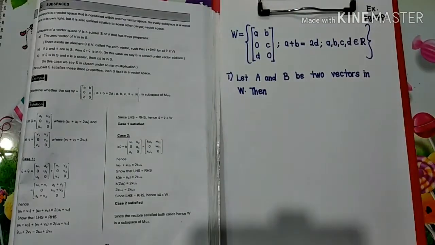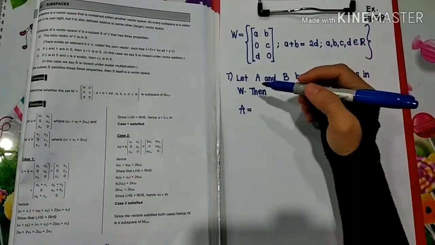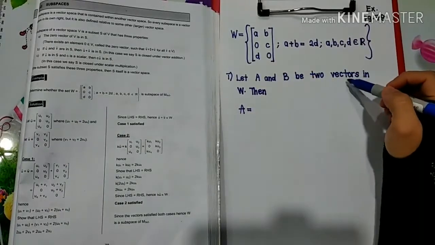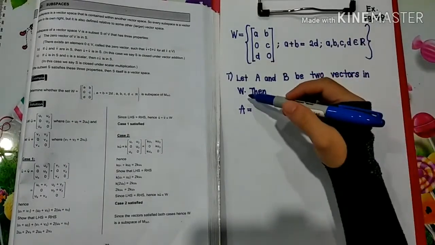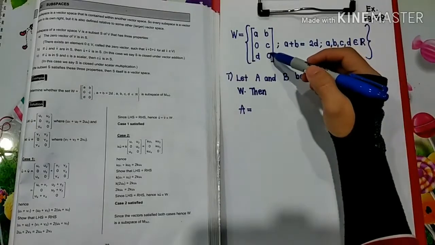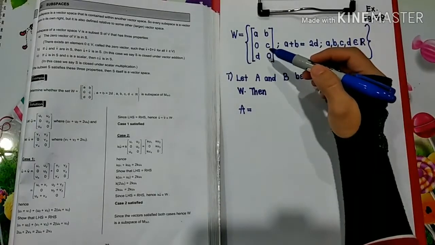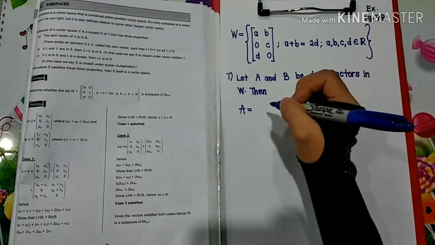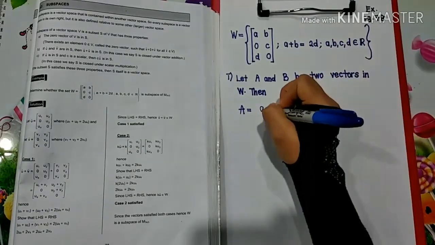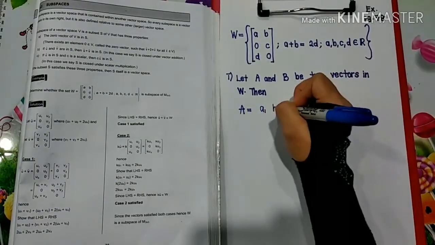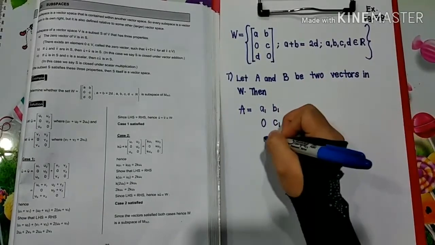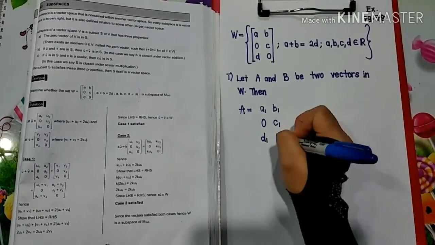Then A must be a vector in W, so we must follow the given form of vectors in W. So for A, we use A1, B1, 0, C1, D1, 0.